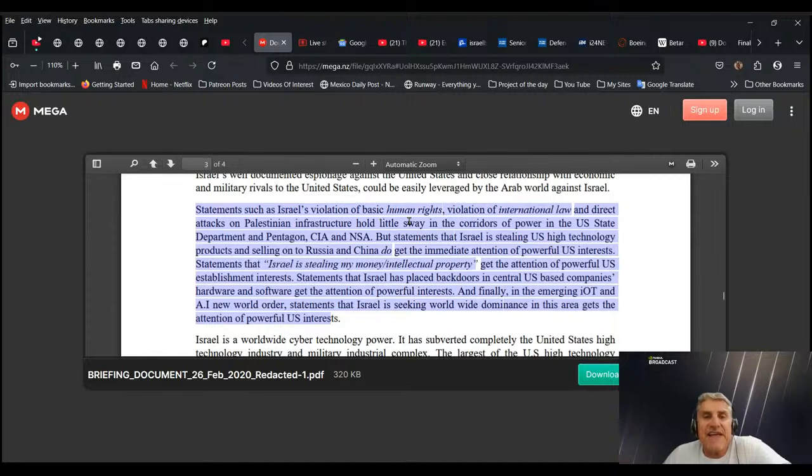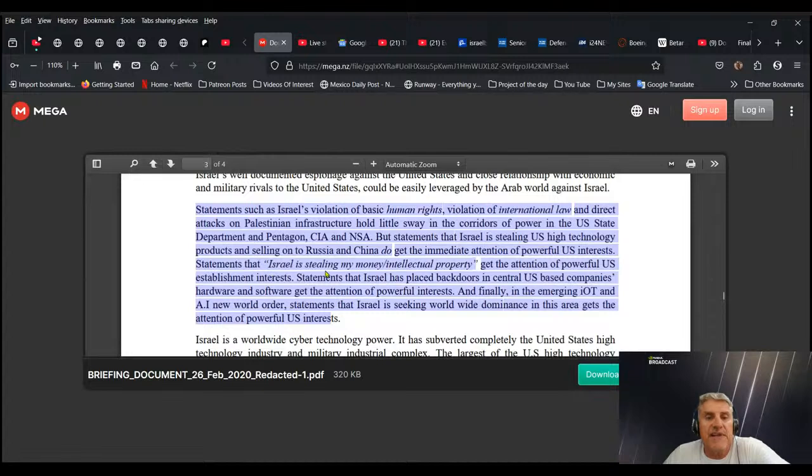Statements such as Israel's violation of basic human rights, violation of international law, and direct attacks on Palestinian infrastructure. This is 2020, people. Hold little sway in the corridors of power in the US State Department and Pentagon, CIA, and NSA. But statements such as Israel is stealing US high technology products and selling them on to Russia and China do get the immediate attention of powerful US interests.